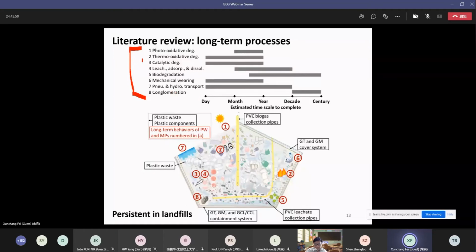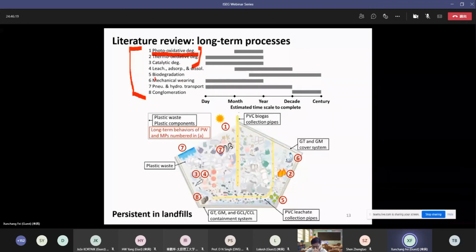I'm not going to describe all these reactions and mechanisms in much detail, but I'm going to first read them all. The major reactions are a bunch of different degradation processes: photodegradation, thermal degradation, catalytic degradation, leaching, and so on.